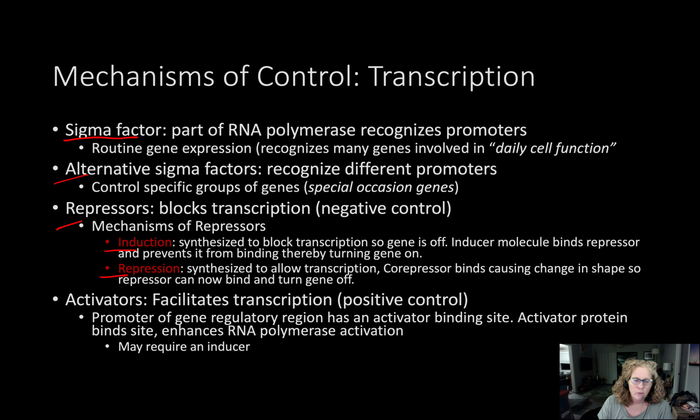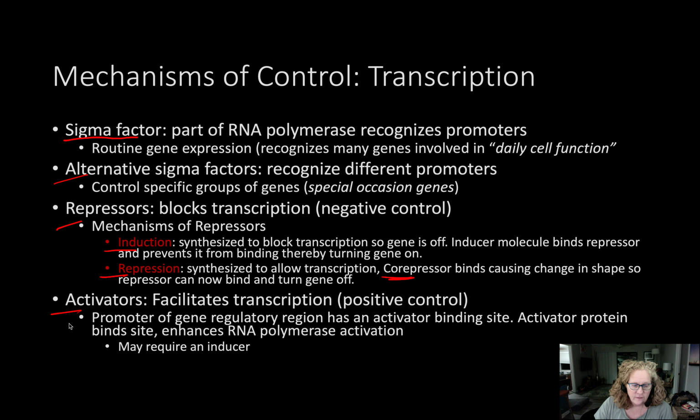That would be like the Lac repressor. In repression, we're going to synthesize the repressor, and it comes with a co-repressor. A co-repressor is going to bind, causing a change in shape to the repressor so that the gene will be either turned on or off.